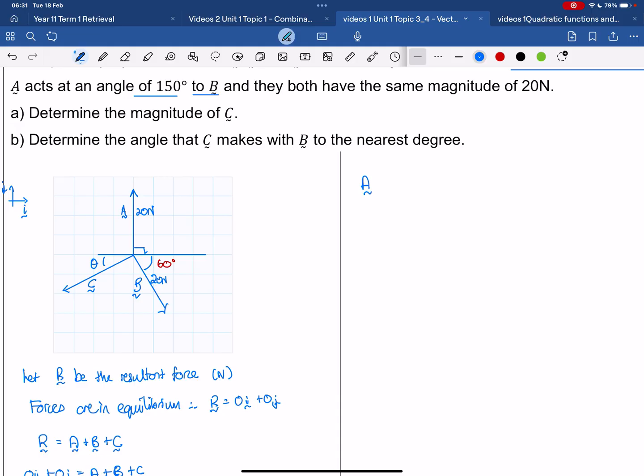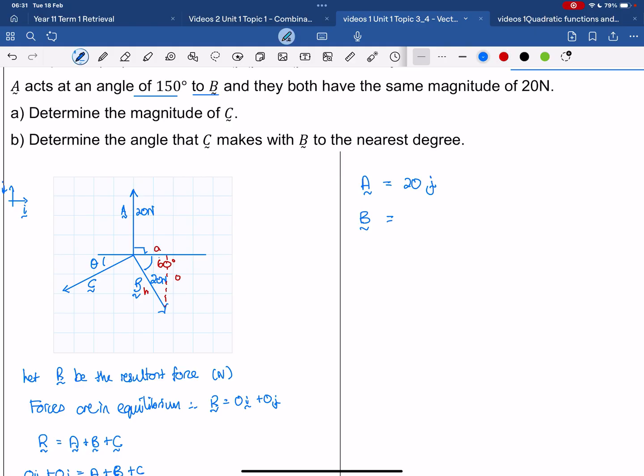And because of our orientation of A, we've chosen it very easily. It's in the positive J direction, so it's going to just be positive 20J. And B, I've labeled my angle there. It's a 60-degree angle. There's my right angled triangle. So there's my opposite, there's my hypotenuse, there's my adjacent.